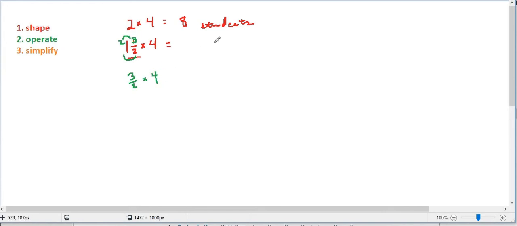And this I can multiply. Maybe you even prefer to see it where we have a denominator for the whole number, which for a whole number is always going to be 1. And we just multiply across, right? 12 over 2.